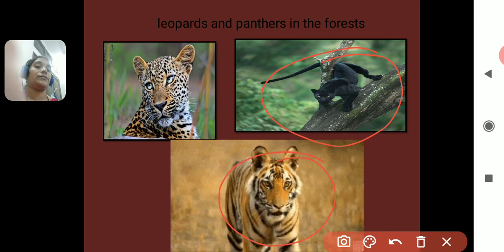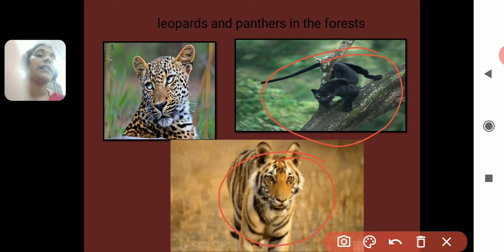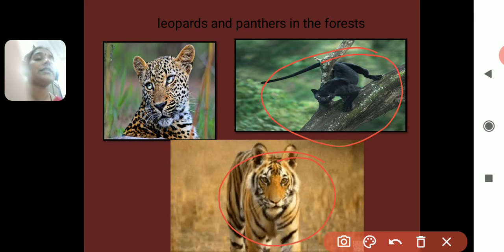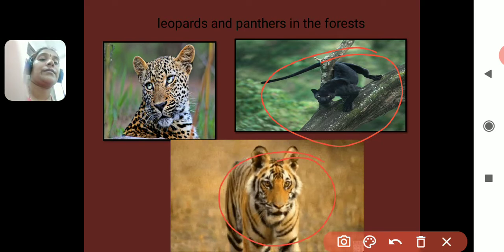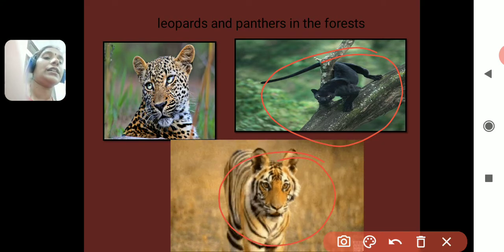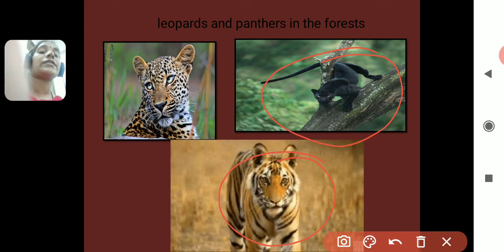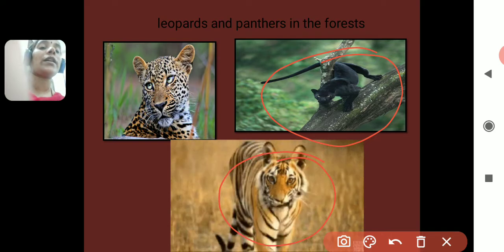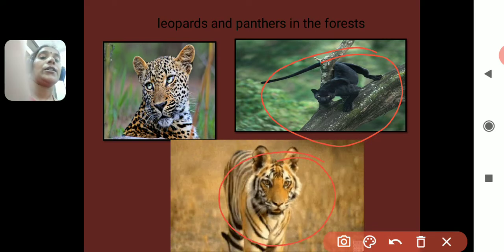Where are they found? They are found in the forest, students. And in the forest, they survive successfully. They can live successfully. Why? Because they have some qualities, and with the help of these features or qualities, they can survive in the forest.